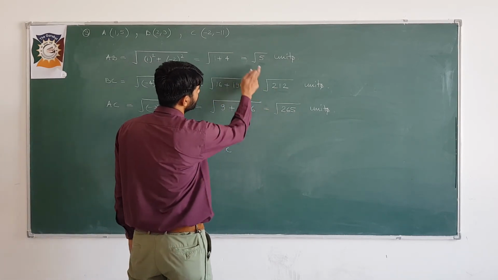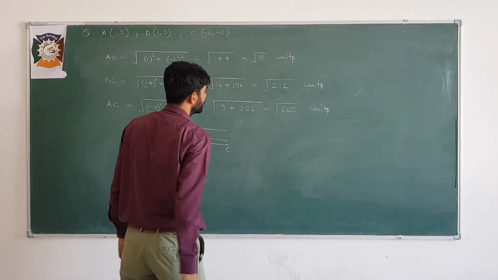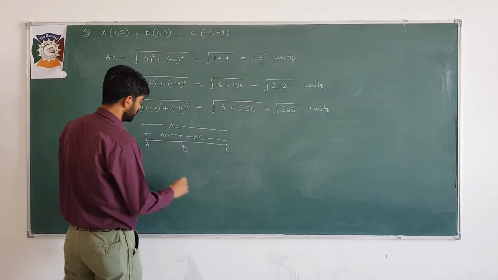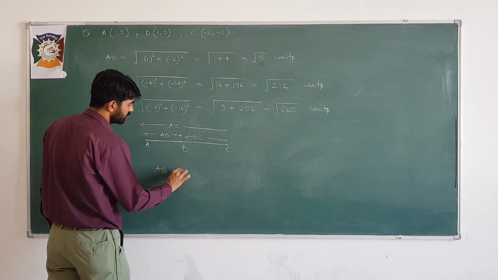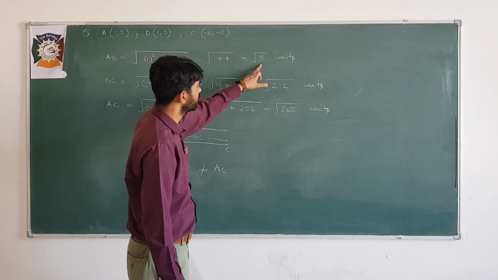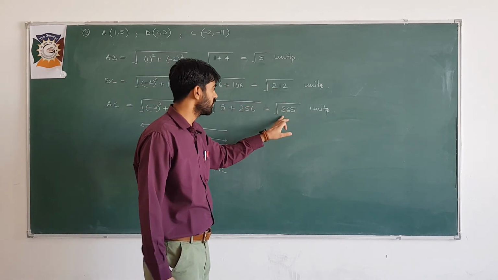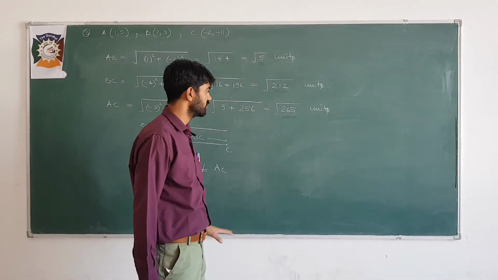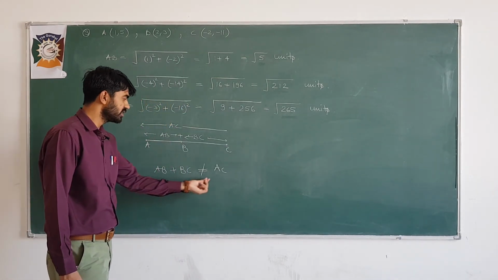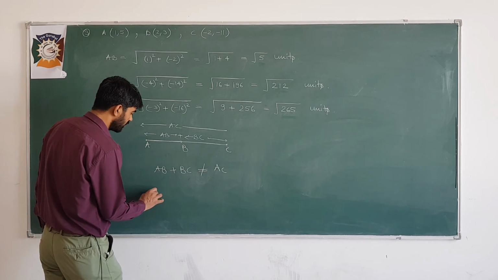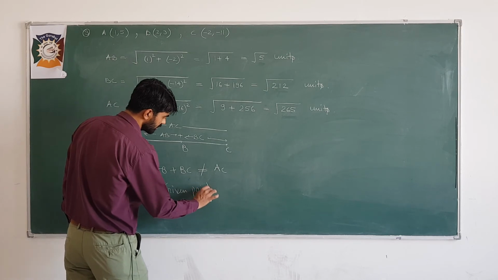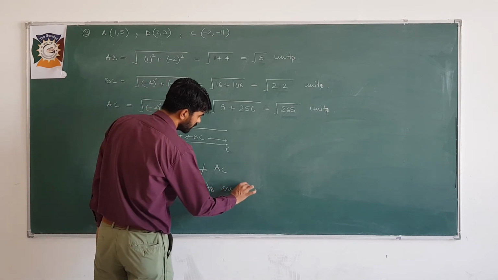But as we know these are irrational numbers, so clearly if we add them by finding in decimals also, AB plus BC will not come equal to AC here. Root 5 plus root 212 will not come out equal to root 265. So directly we can write, as we add them we are not getting this. So therefore AB plus BC is not equal to AC. Therefore given points are not collinear.